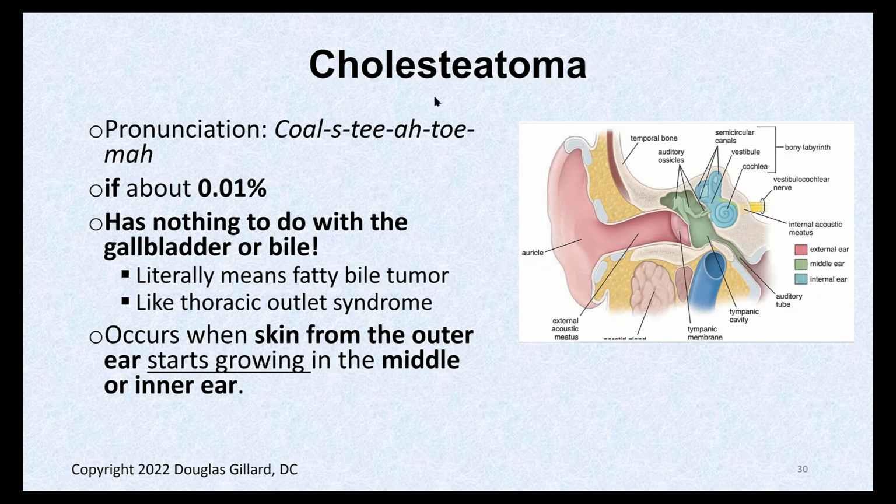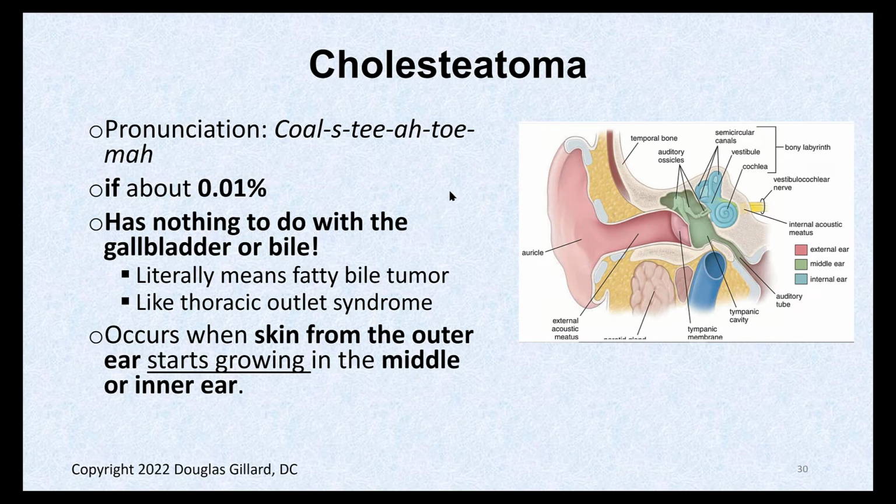Because if you look at what cholesteatoma means, it really means a fatty bile tumor. And this has nothing to do with that. So it's a misnomenclature. It's just a bad word, but nevertheless, it's stuck with us.